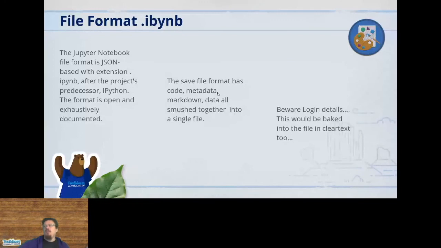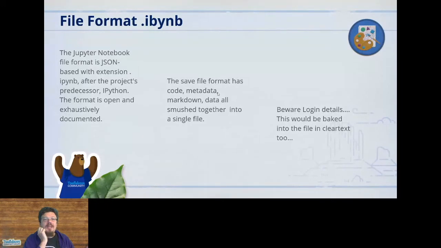A thing to be aware of is the file format. Jupyter Notebook is a weird tool. It's code, it's metadata, it's markdown, it's bits and bobs of data, it's logins, all this stuff shoved into a JSON file format.